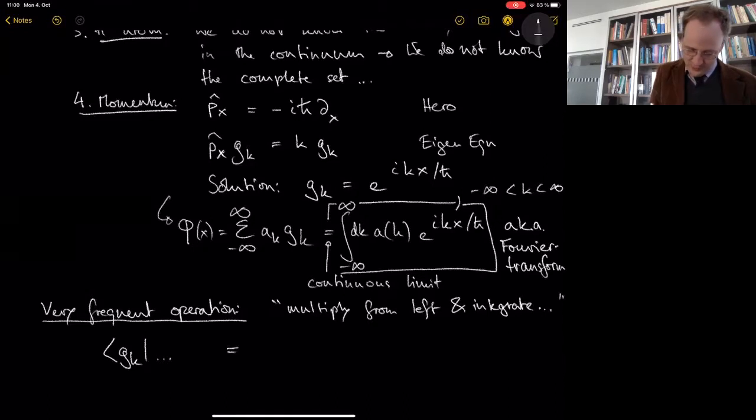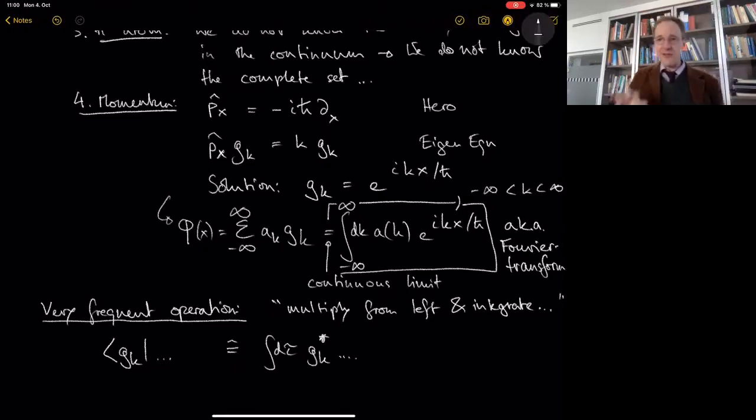And that's why I like to write my integrals like this. So now we are integrating everything that's on the right-hand side, so that you can apply this to an equation.